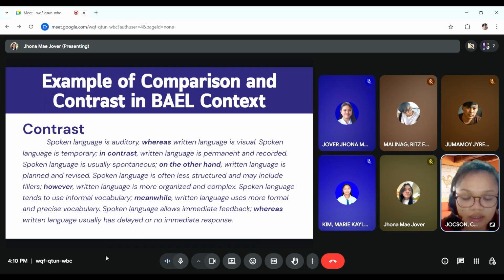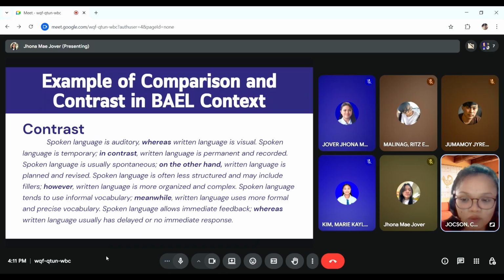Spoken language is often less structured and may include fillers. However, written language is more organized and complex. Spoken language tends to use informal vocabulary, meanwhile, written language uses more formal and precise vocabulary. Spoken language allows immediate feedback, whereas written language usually has delayed or no immediate response.